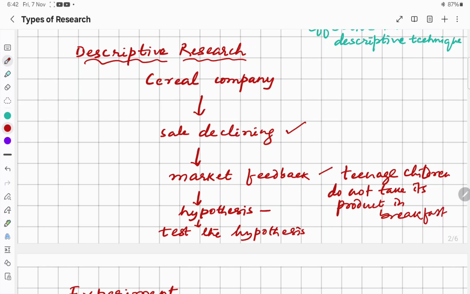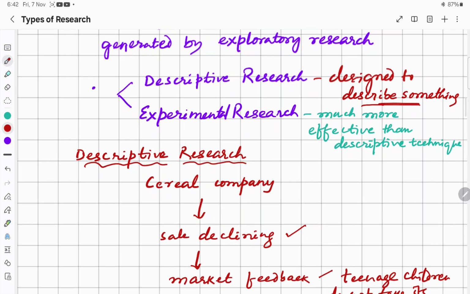So that is the hypothesis, and then we need a descriptive study to test this hypothesis. So this is an example of descriptive research.